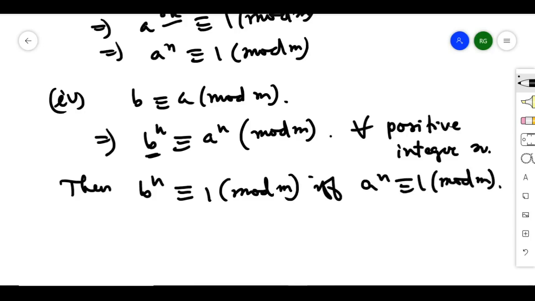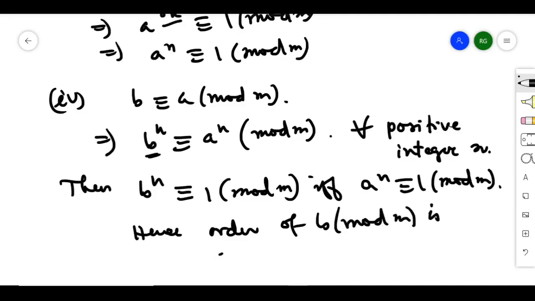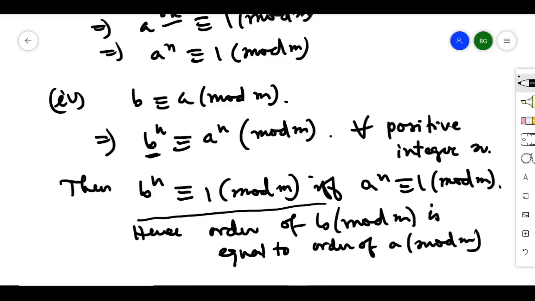And from this result we shall get that the order of b mod m is equal to the order of a mod m. Why is it so? Because if in particular I take r to be the order of a, then I will get a to the power r congruent to 1 mod m, and this will imply that b to the power r is congruent to 1 mod m.